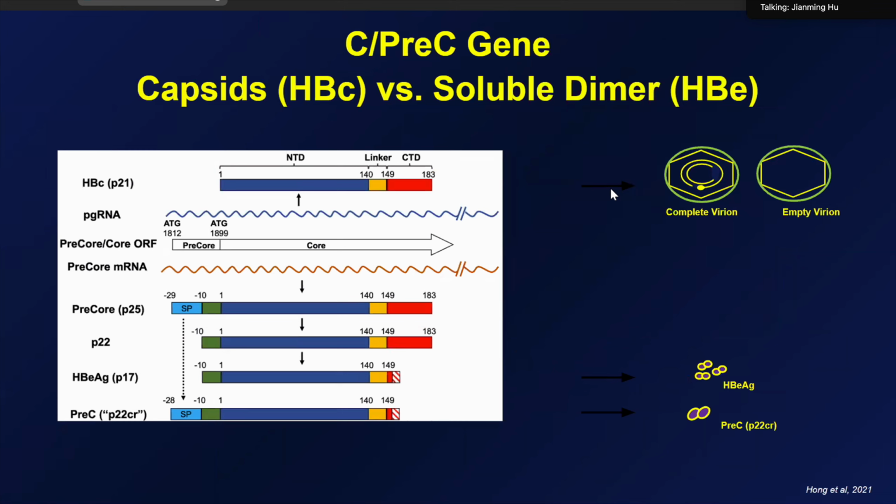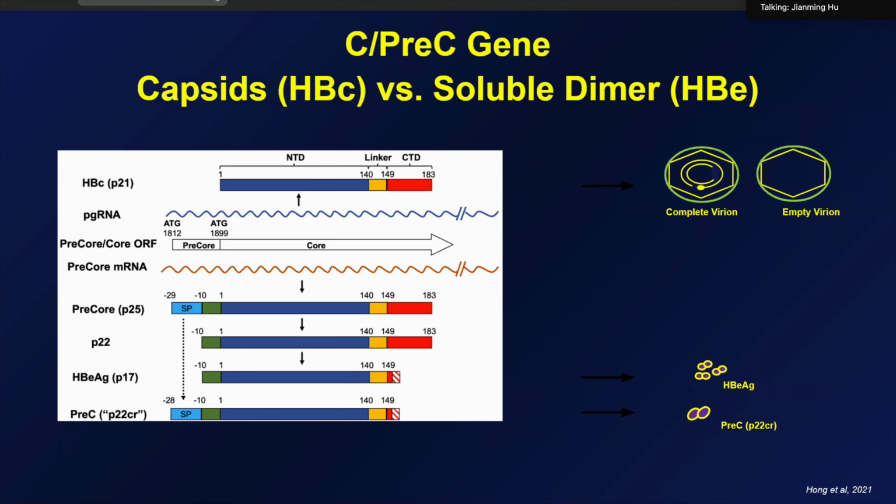So here, just a little more detail of the viral capsid and pre-core gene. Again, the capsid protein is very small, just 21 kD, depicted on the top there. It has an NTD, a linker, and a CDD. The capsid protein is the major component of the viral capsid, which is also the major component of the completed virion or empty virion depicted on the right-hand side.